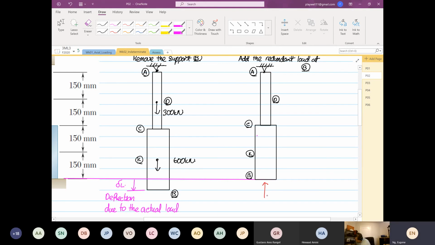RB is the redundant load. So we push back the redundant load.